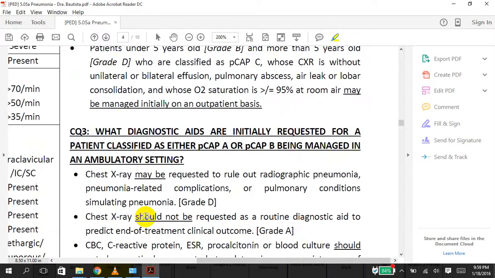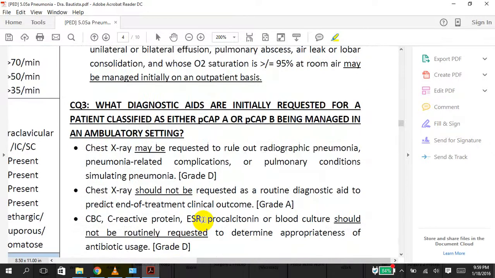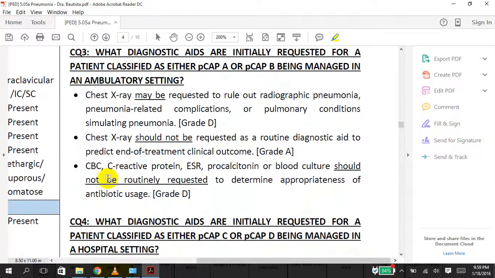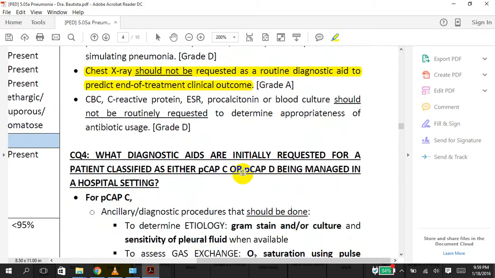And then another consideration is chest x-ray. It depends on your country. If your country recommends chest x-ray, and especially for those cases when you have HMOs, some of them will require you to have chest x-ray before you will be compensated.